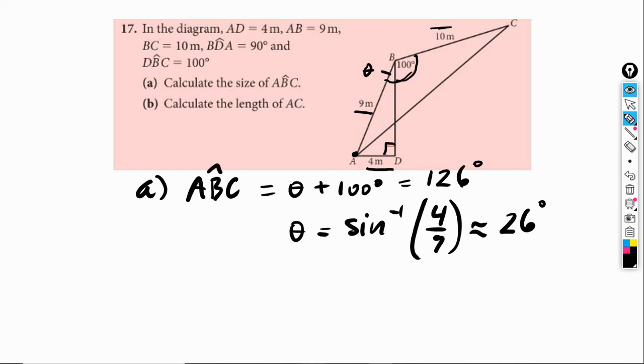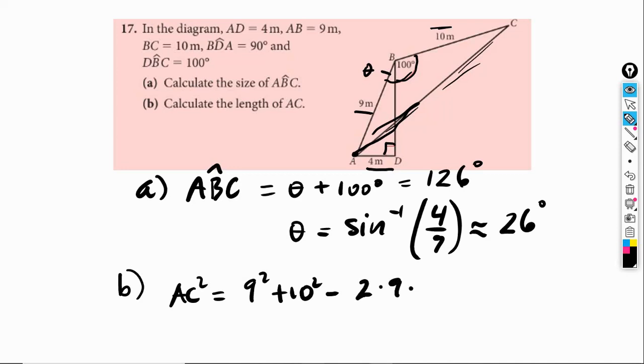Okay, so once we have that, it's easy to find AC, this distance here, because we have all the information we need to use the law of cosines. So if we want to find the length of AC, let's remember that AC squared is equal to 9 squared plus 10 squared minus twice times 9 times 10 times cosine of the opposite angle, right, which we just found, which is 126 degrees.